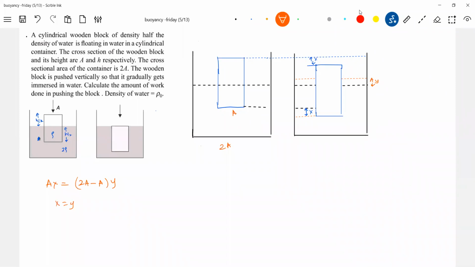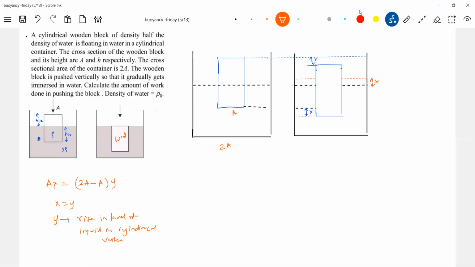Y. So Y is the rise in level of liquid in the cylindrical vessel. Able to understand this?